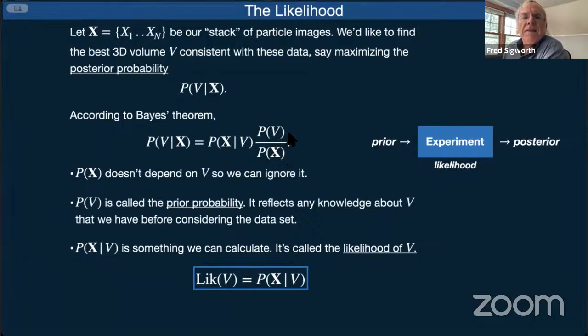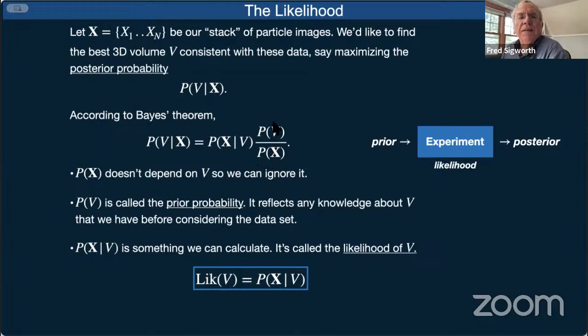P of V here is any prior information that we have about what kind of volume, what kind of set of voxels is more probable than another set of voxels. And this quantity, which is the probability of getting our particular data set, we're going to ignore because we're not going to maximize over it.